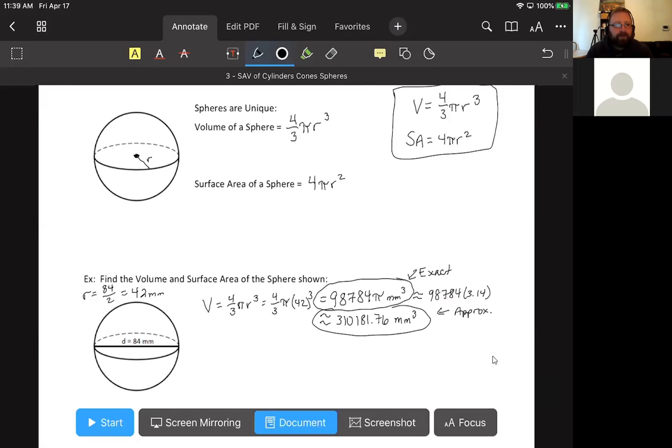That just leaves surface area. Okay. So once we have the volume, then we turn our attention to surface area. Surface area is 4 pi r squared. That is 4 pi times 42 squared. So 4 times 42 squared would be 7,056 pi millimeters squared.